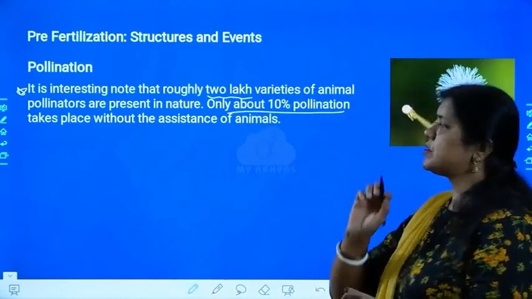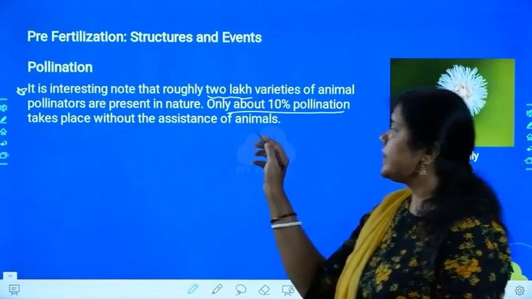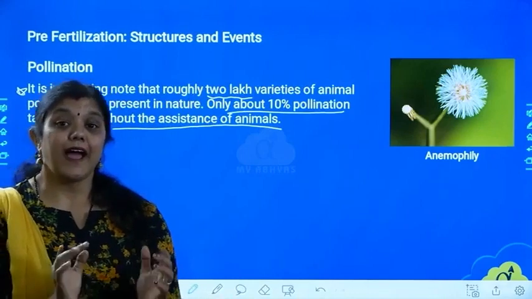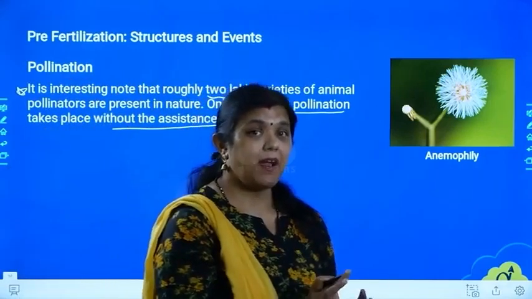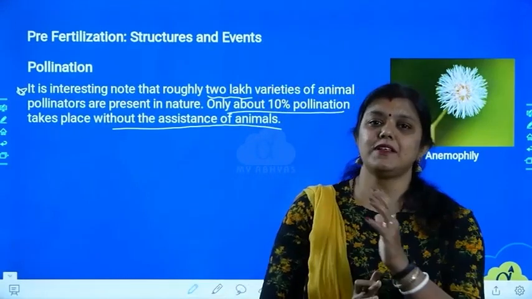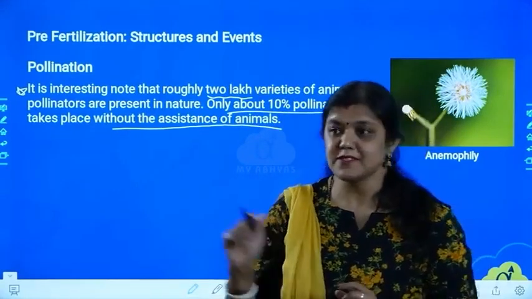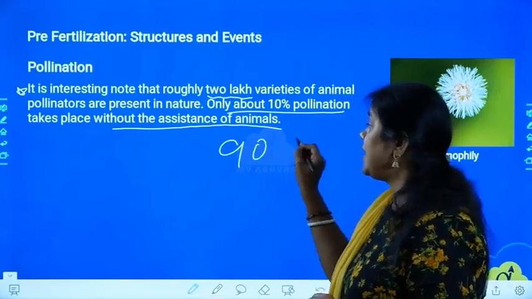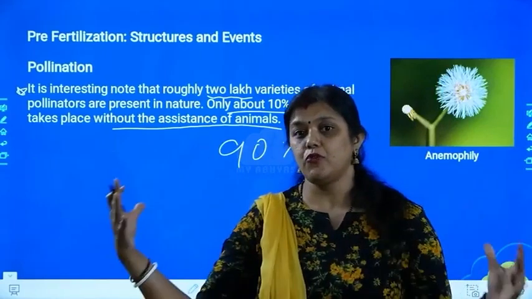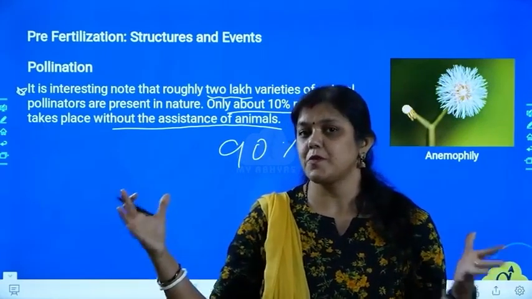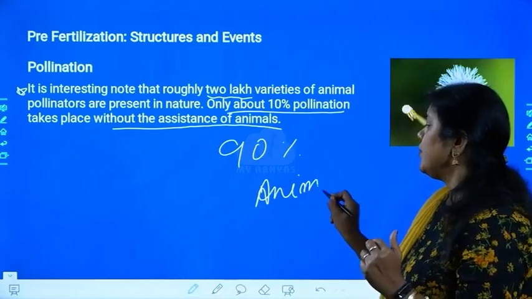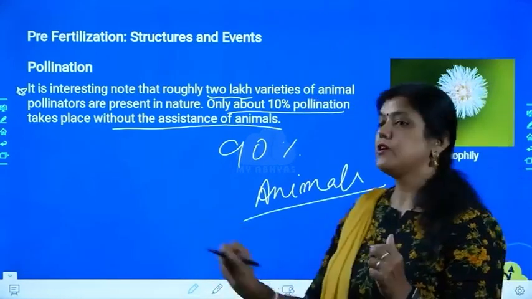Only about 10% of pollination takes place without the assistance of animals. That means 90% of the flowering plants are actually taking help of different animals for pollination. What is the number? 90% of the whole floral community, the plants, angiosperms, are taking the help of the animals for the pollination purpose.